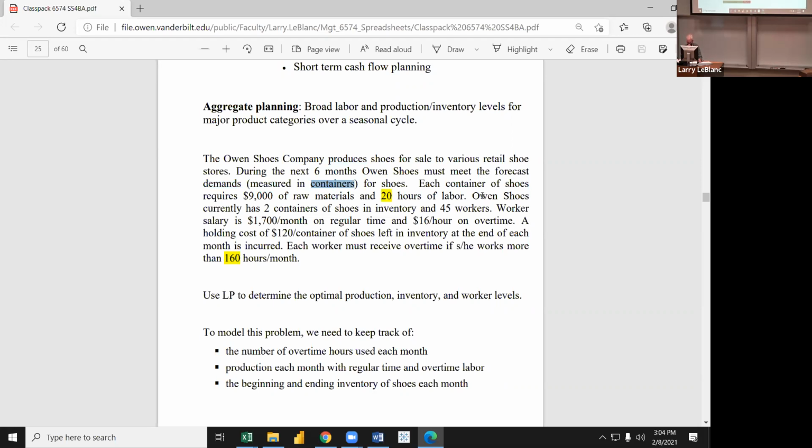Each container of shoes requires $9,000 of raw material, requires 20 hours of labor. I'll come back to that. We have initial inventory of 2 units of inventory and 45 workers. And I give you some costs and 160 hours per month.